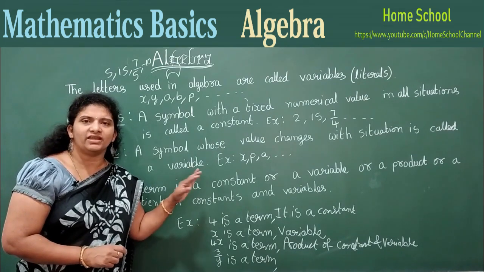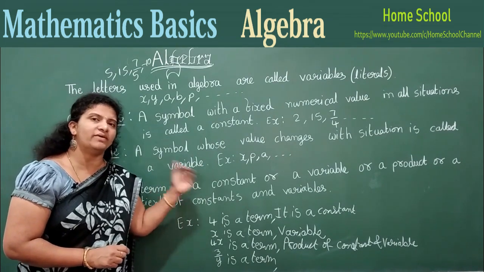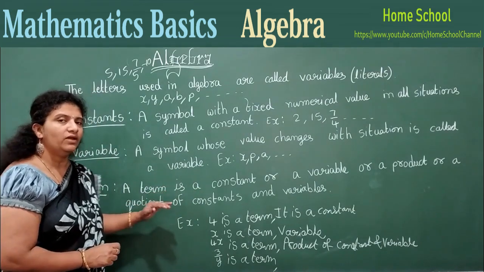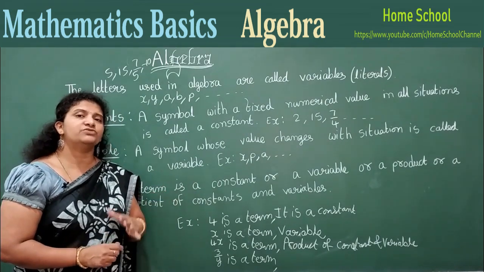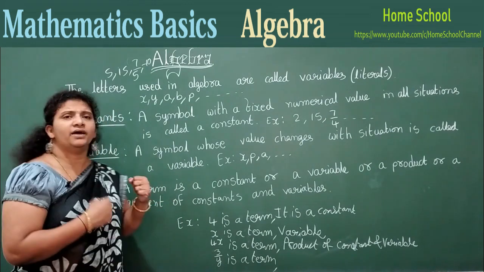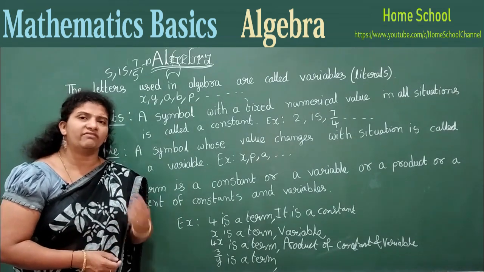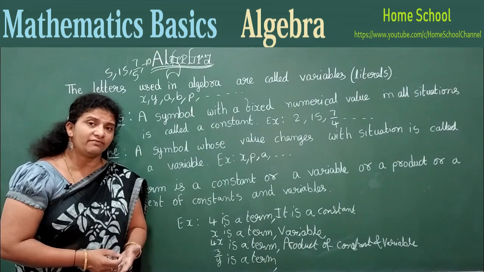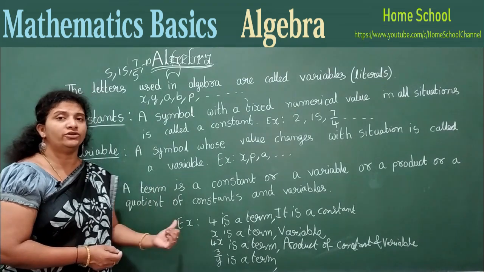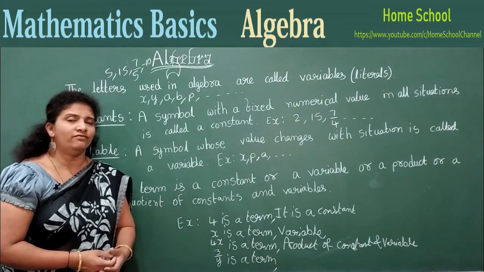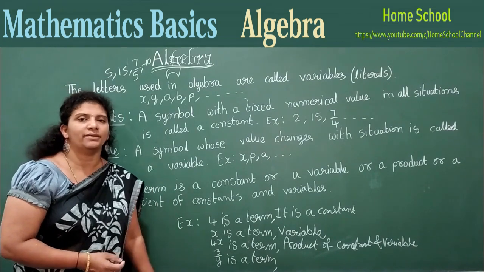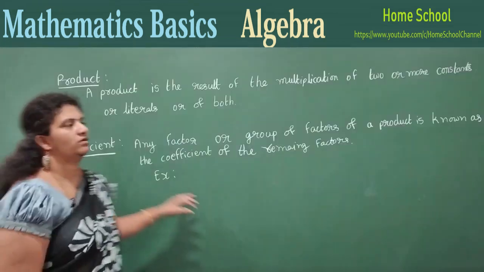It does not have any fixed value; the value will be varying. Coming to term, which one do we call a term? A term might be a constant, a variable, a product of a constant and a variable, or the quotient of a constant and a variable. All these we call terms.